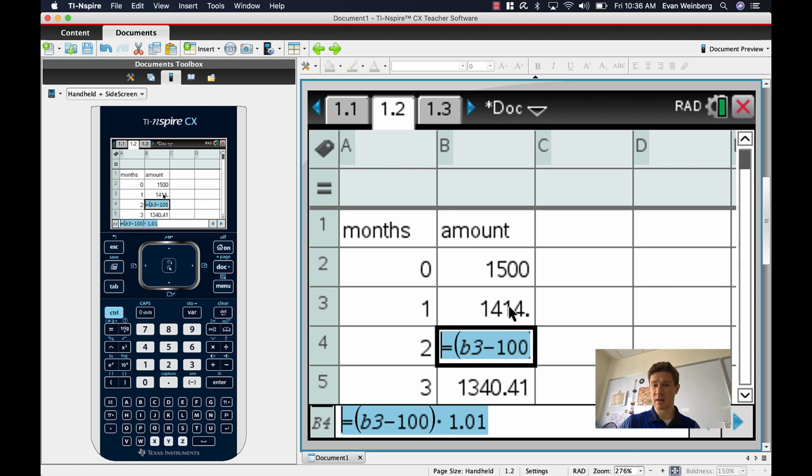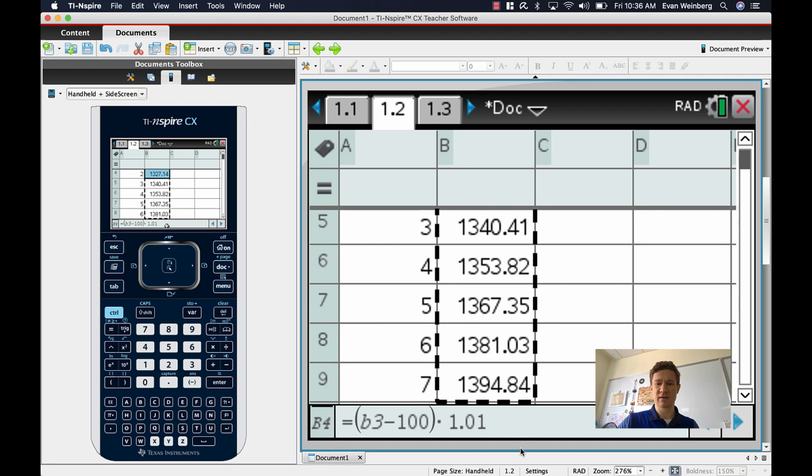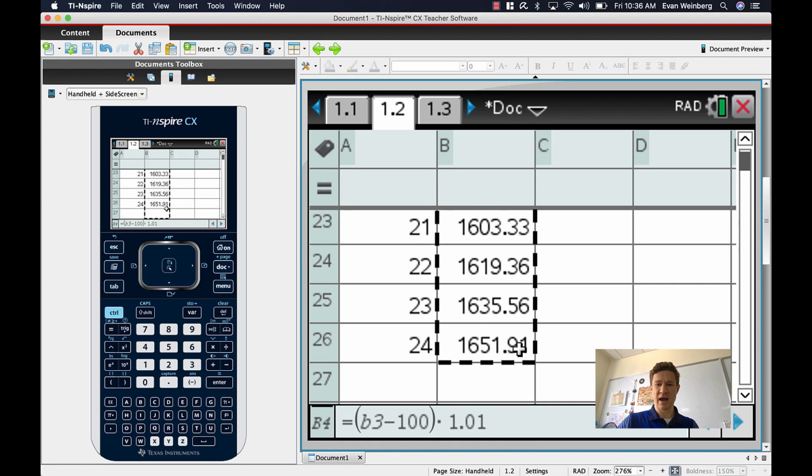So again, previous month I owed $1,414, but let's say I reduce that amount by 100, so I'm now down to $1,314, and I'm going to take that amount and multiply it by 1.01 to find the new amount that I owe. And let me drag down that formula, and we'll see what happens.